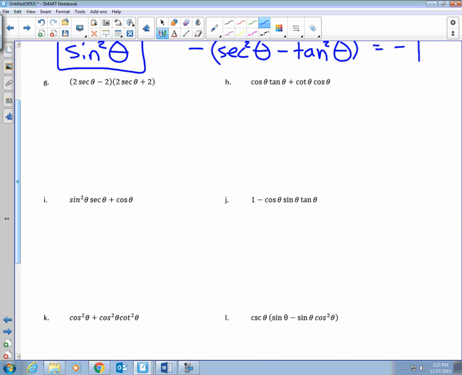Okay, a couple more. We won't do all these, but we'll do a couple more. What should I do here? Continue to multiply out. 2 secant times 2 secant is 4 secant squared. 2 secant times 2.